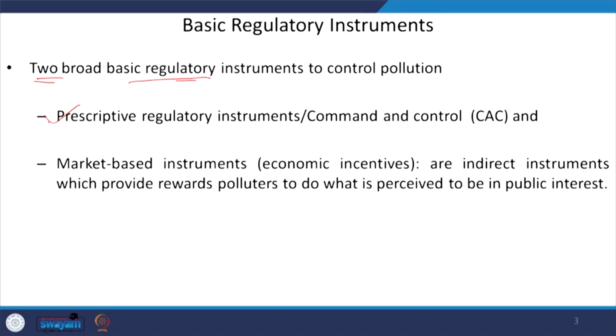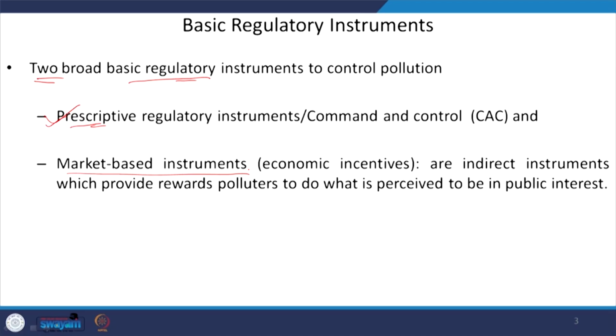The first one, the prescriptive regulation or command and control approach, has already been taught by Professor S.P. Singh. So, this part is over. Today we will be focusing on the market based instruments, and we will be talking about a special case, one of the instruments, that is the pollution tax.